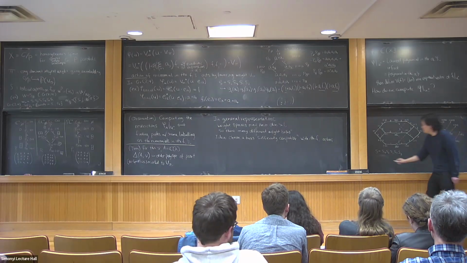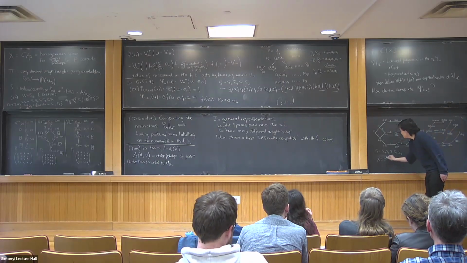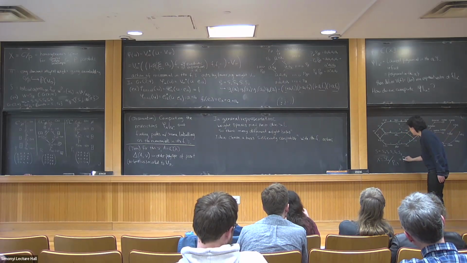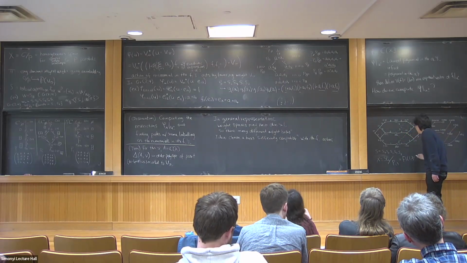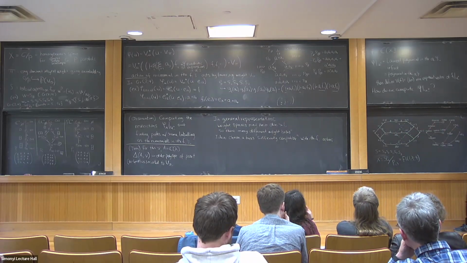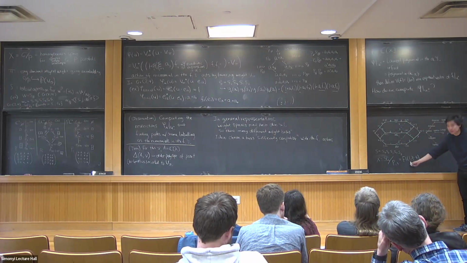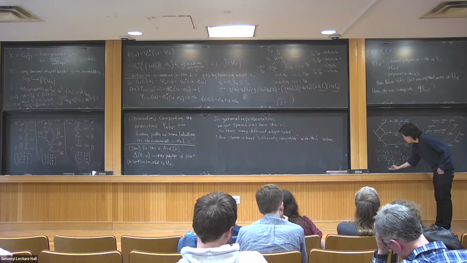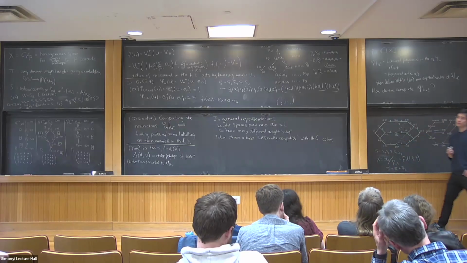So here, X is SL4 mod P_{13}. So this is the flag variety, Fl_{1,3}. So this is the partial flag variety of one-dimensional subspaces contained in three-dimensional subspaces. I take my highest weight to be a sum of two fundamental weights, so phi_1 plus phi_3.